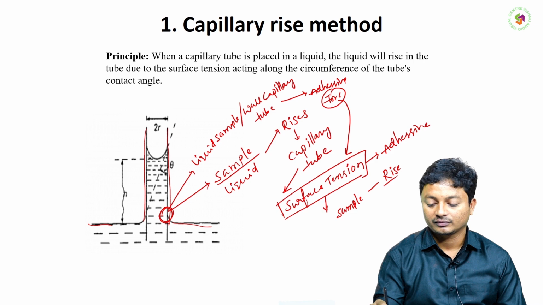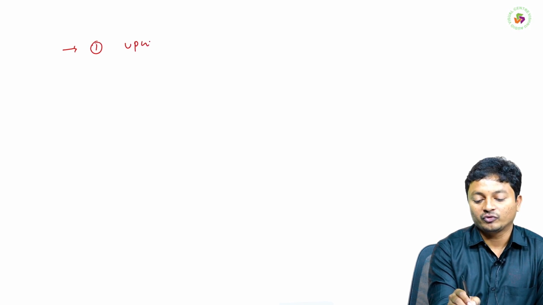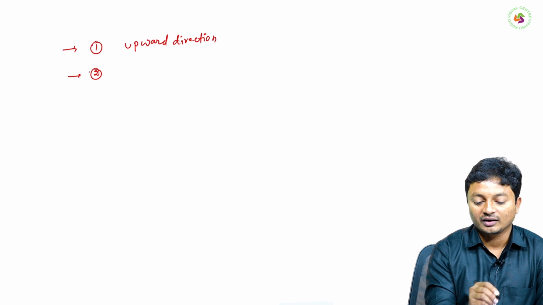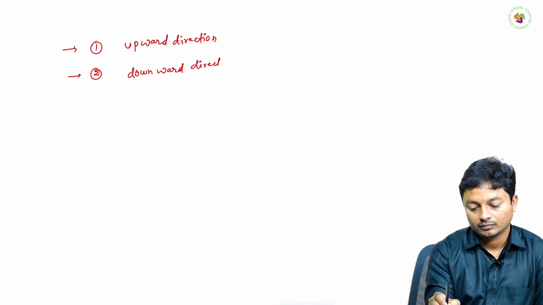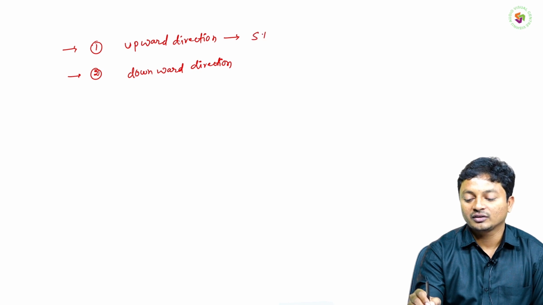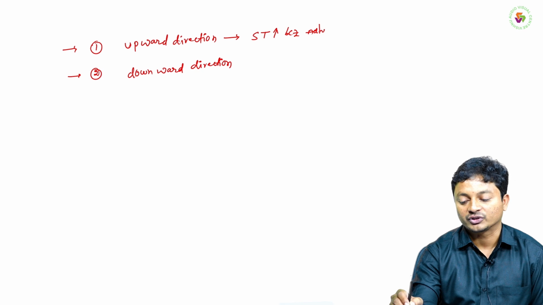Because the surface tension increases, the sample in the tube rises. In the capillary rise method, forces act in two different directions. The first is the upward direction, and the second is the downward direction. In the upward direction, the surface tension is more because of the adhesive forces.